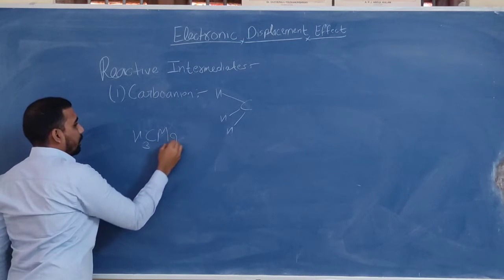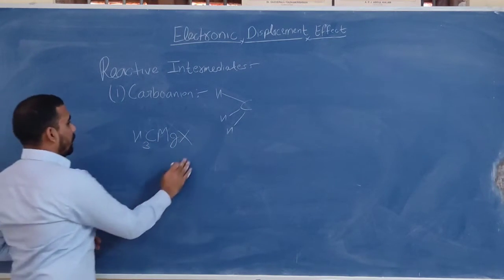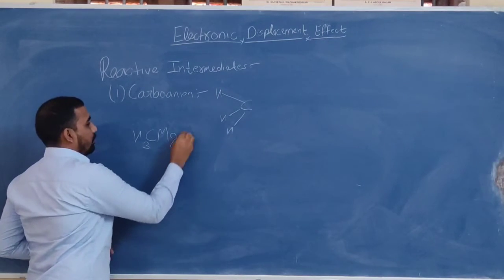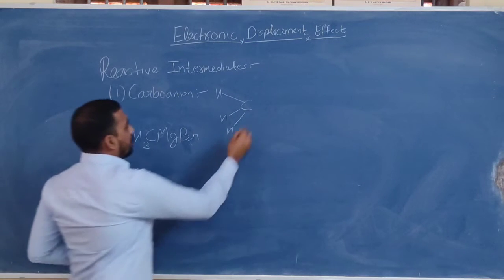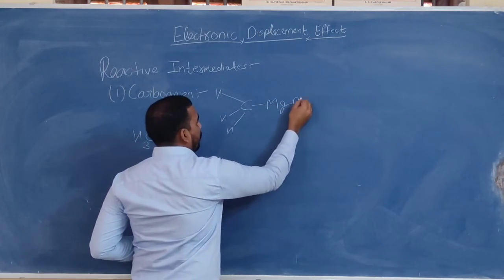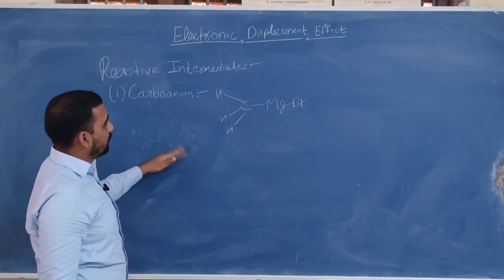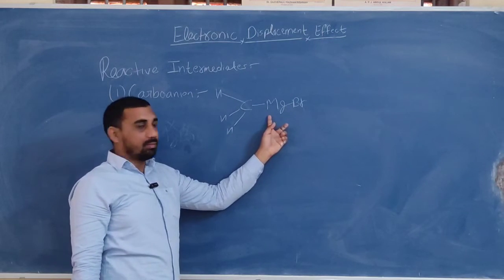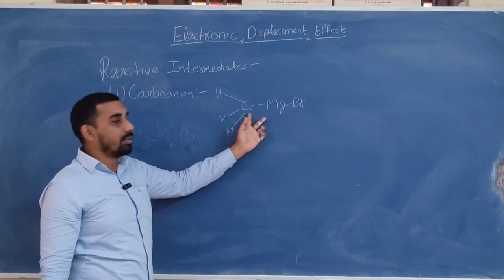MgX. X is nothing but a halogen. Let's suppose we have bromide here. What happens here? This magnesium is less electronegative than carbon.